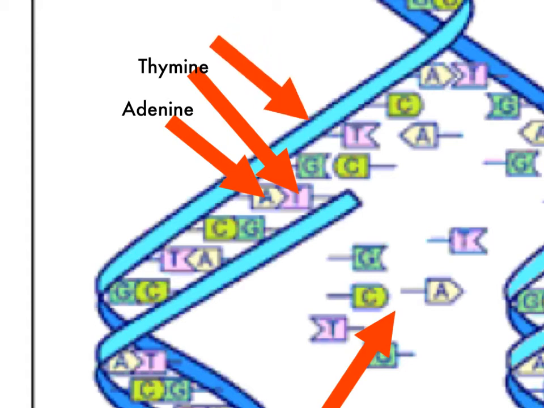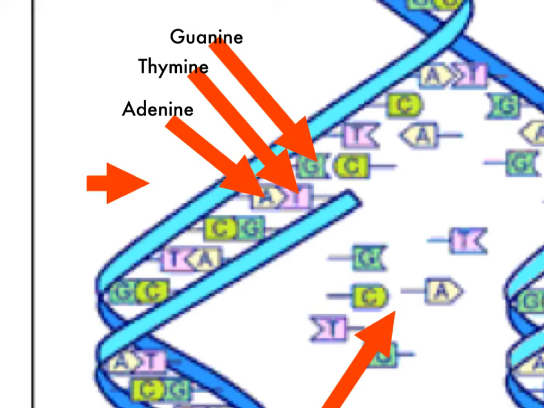And then we can label guanine right here. And we have a cytosine right down here. So we have our 4 nitrogen bases labeled. Anywhere you see those letters, it's the same nitrogen bases.